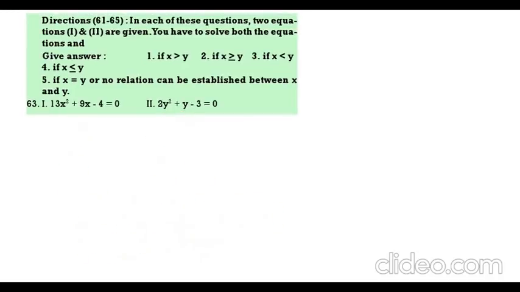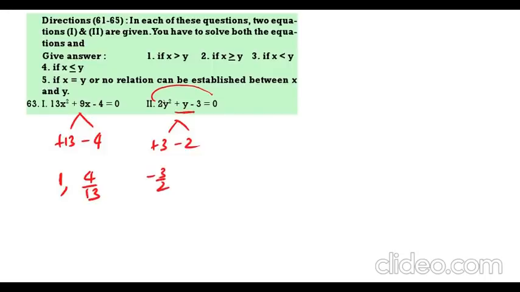13x square plus 9x minus 14. 13 into 4 is 52. So you can take plus 13 minus 4. Minus 13 by 13, 1 and 4 by 13. Now here plus 3 minus 2, because 2 into 3 is 6, so plus 3 minus 2, that means the difference is 1. Minus 3 by 2 and 1.